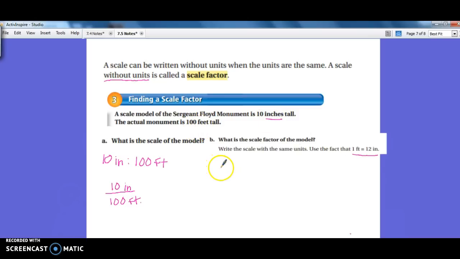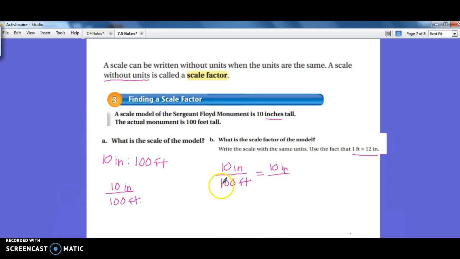So I know that 10 inches to 100 feet is my scale to start off with, right? But I want to make everything in inches. So I know that every foot has 12 inches.